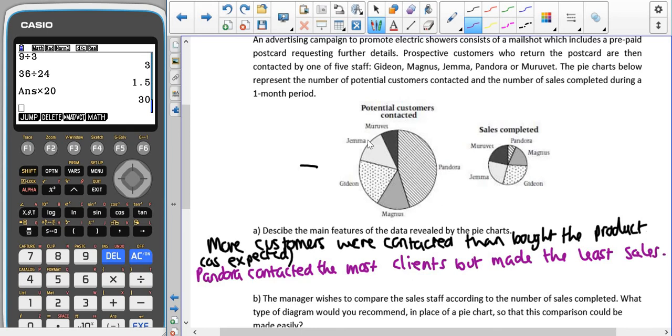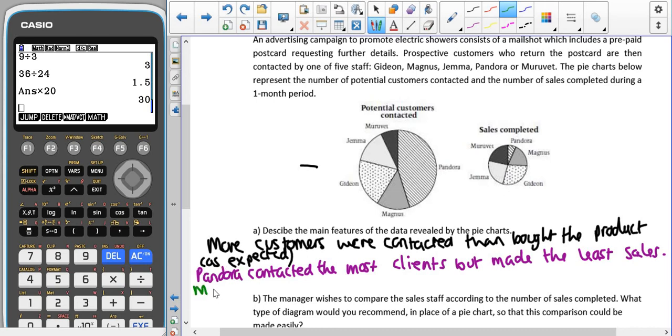And having a look here, Mervet contacted the least amount of people. However, I think that Mervet's one there looks ever so slightly, maybe about exactly the same as Gemma. So I'll say one of the biggest sales. So Mervet contacted the least people, but was one of the second biggest sales, because Gideon has made the most sales here.